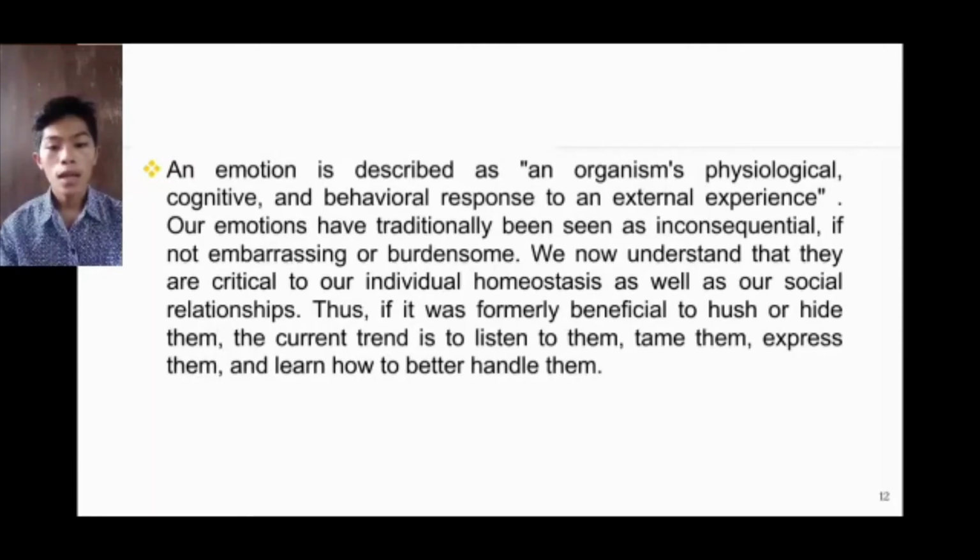We now understand that they are critical to our individual homeostasis as well as our social relationships. Thus, if it was formerly beneficial to use or hide them, the current trend is to listen to them, tame them, express them, and learn how to better handle them.